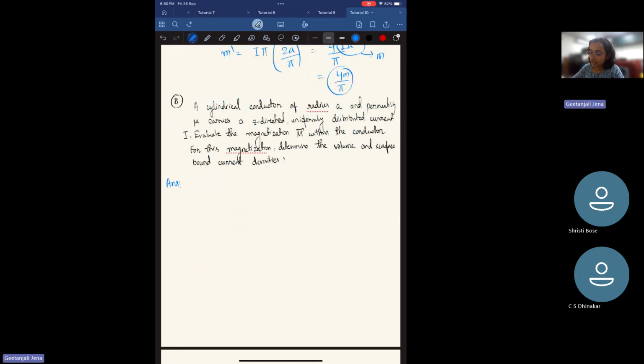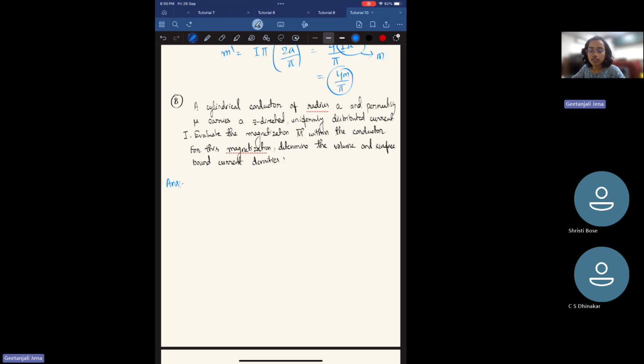Let me solve it. This will take some time because there are a lot of parameters to calculate. So there is a cylindrical conductor of radius A and permeability mu.